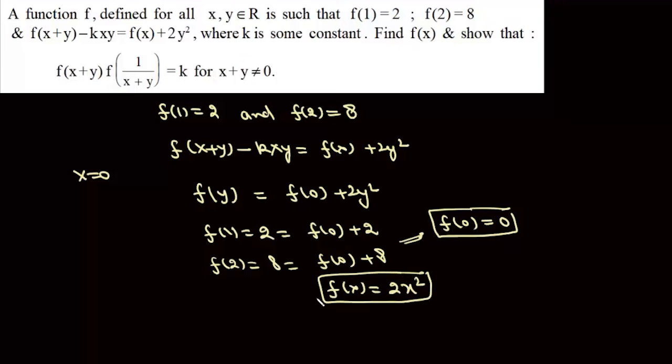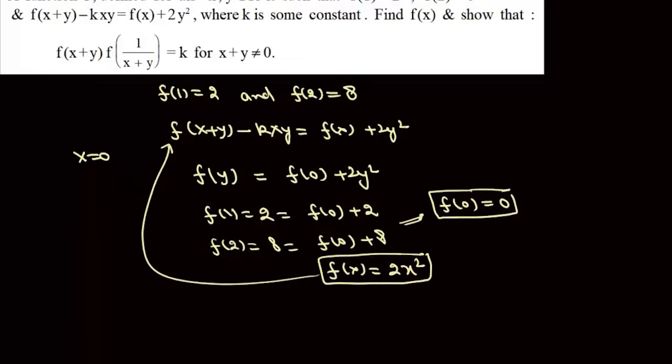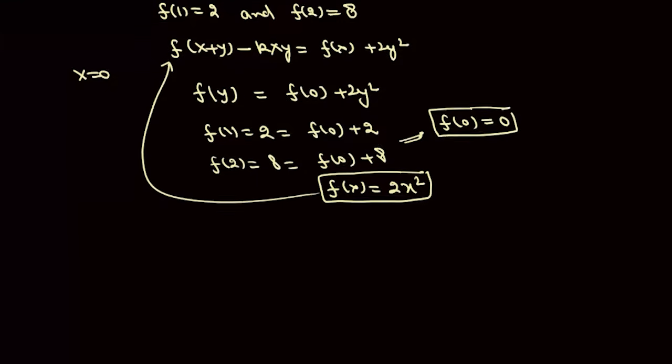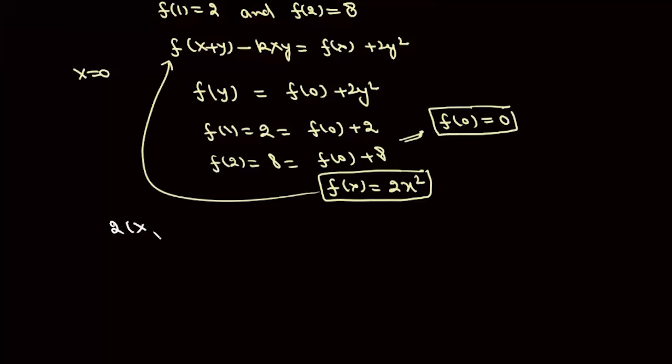Now first we'll find the value of k. So we'll substitute this function in this given equation. Then we can write 2(x + y)² - kxy will be equal to 2x² + 2y².